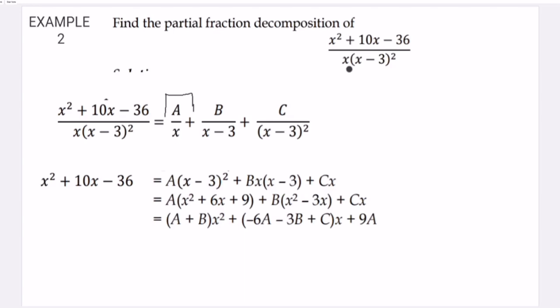So x is under the distinct linear factor, so A over x. And then x minus 3 is under the repeated factors, so B over x minus 3 plus C over x minus 3 squared.